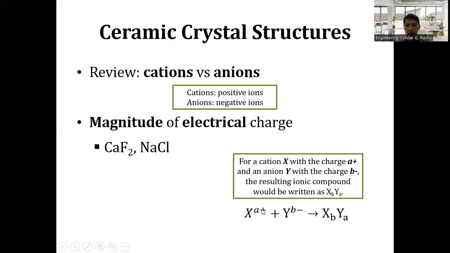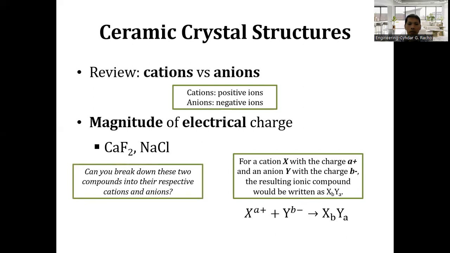So for X, you have a subscript of B. So you have X sub B, and then your A plus becomes the subscript of your Y. So that's why you have X sub B, Y sub A.